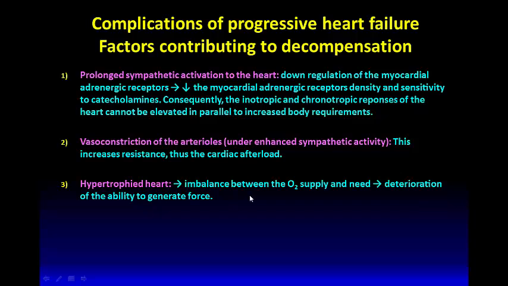And when this happens, there will be an imbalance between the oxygen supply and the oxygen need of the left ventricle, because when the left ventricle undergoes hypertrophy, its oxygen requirement increases. And when this imbalance happens, this results in further deterioration of the ability of the left ventricle to generate force during systole.